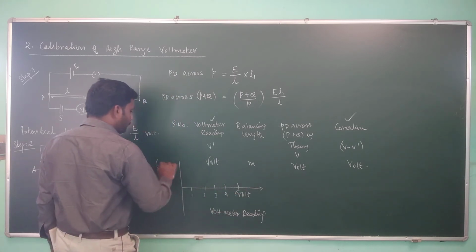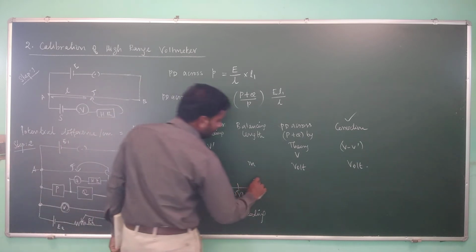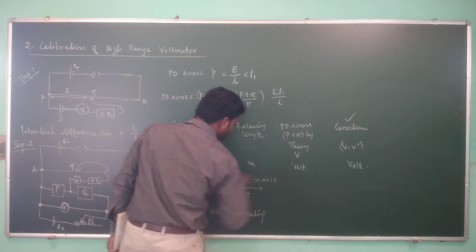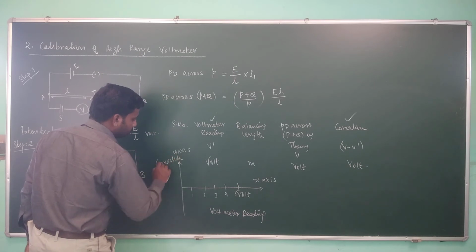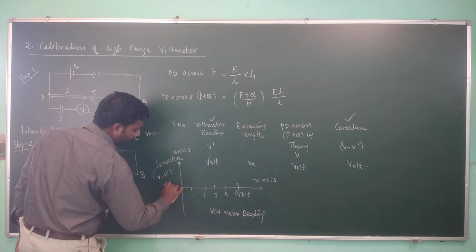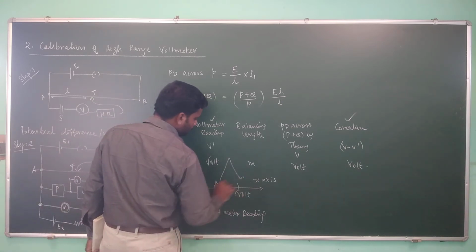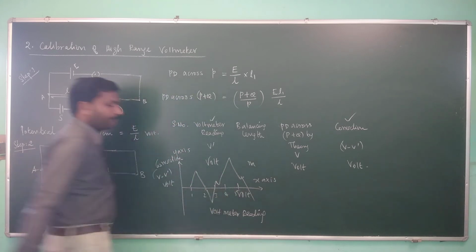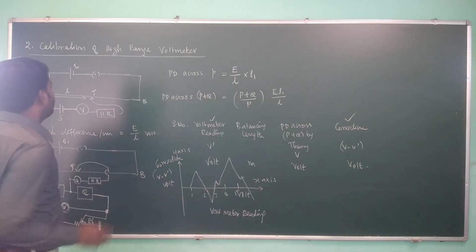And this y-axis is the correction value, V minus V prime, also in volts, so it will give you a graph like this. In that way, we get the correction graph. So this is how we can know.